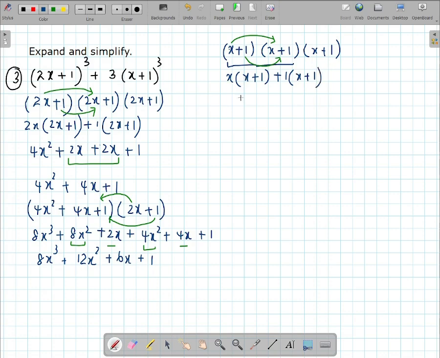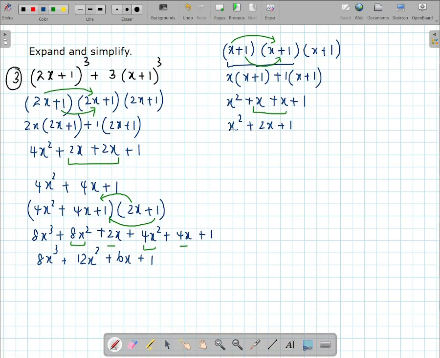That is x times x, x to the power 2, x times plus 1 plus x, plus 1 times x plus x, plus 1 times 1, that is plus 1. Then these two are like terms. So when you simplify, you get x to the power 2 plus 2x plus 1.